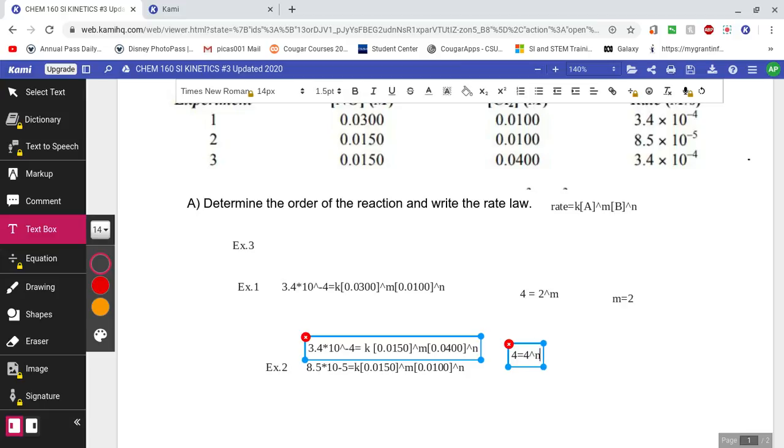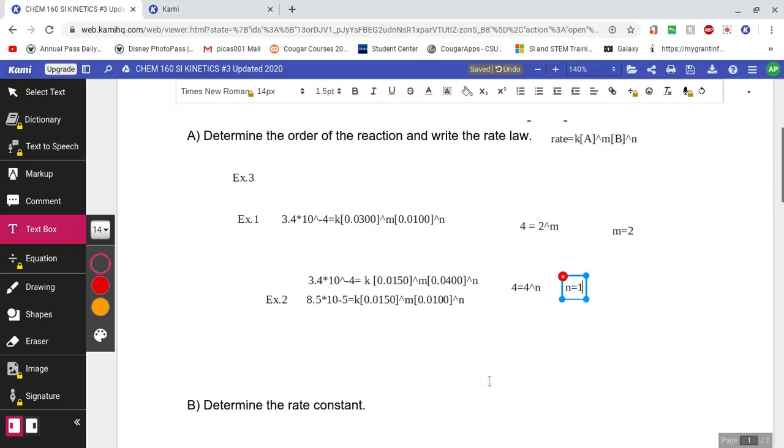Now, the question is, what is 4 to what power is equal to 4? Well, that's simple. 4 to the power of 1 is equal to 4. So n is 1. So now we can write our rate law.